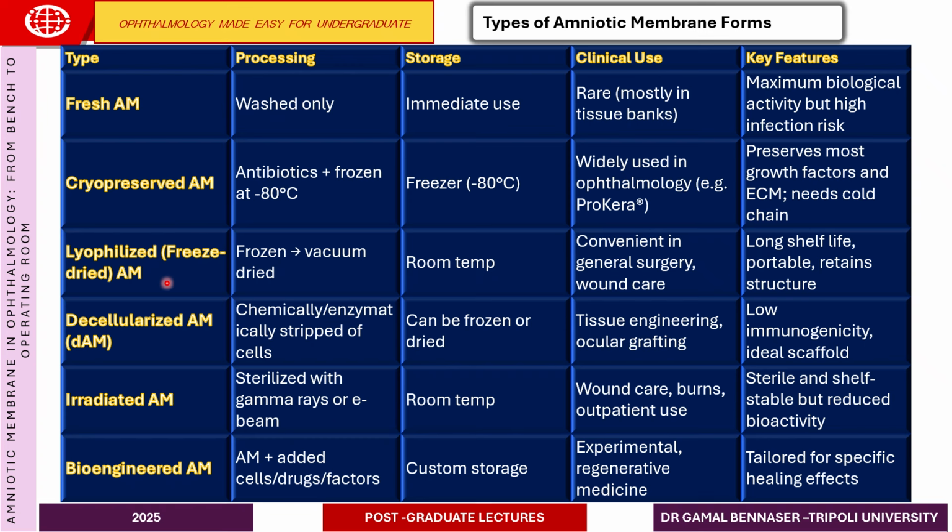The other type is the lyophilized amniotic membrane, which is also dry preservation using freezing, but I will explain later the meaning of lyophilization.